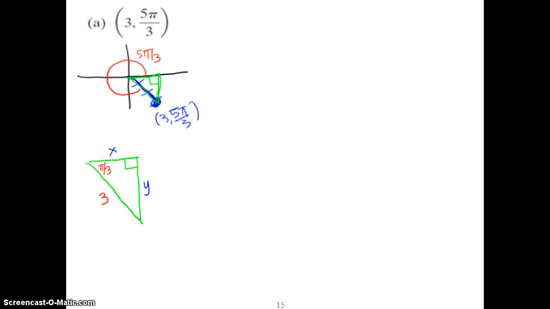To find the x and the y values, we just use the trigonometry that we know. We know that the sine of an angle is y over r, or opposite over hypotenuse. So we could say sine pi over 3 is equal to y over 3 in this case. Now we can solve for y. Multiply both sides by 3, we get 3 sine pi over 3.